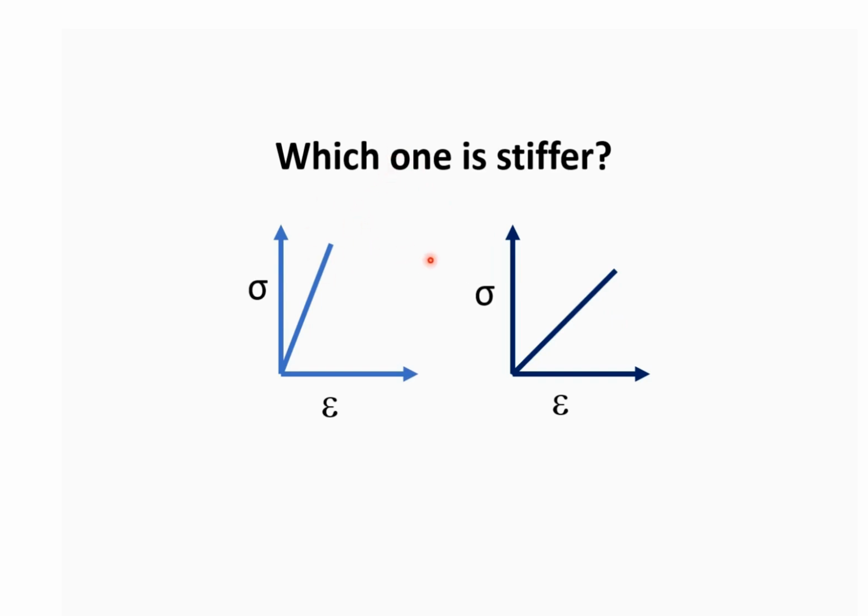We can say that the left graph material is stiffer because its slope is much higher compared to the right one, so materials that exhibit this type of stress-strain diagram are stiffer than the right one.